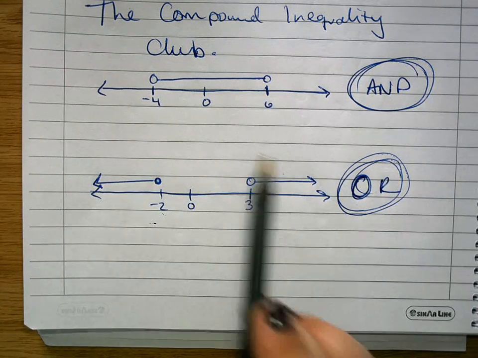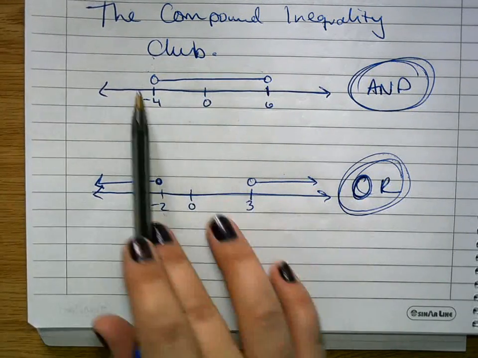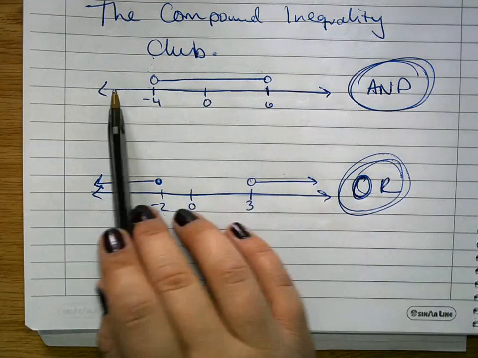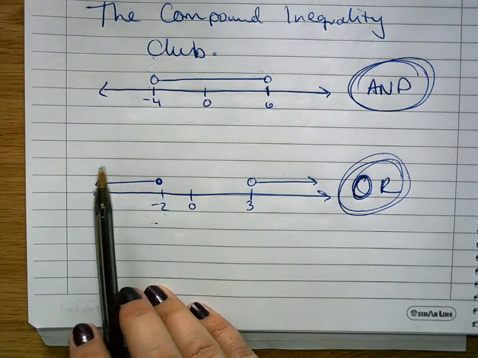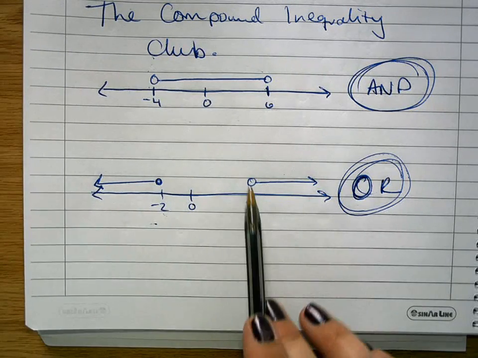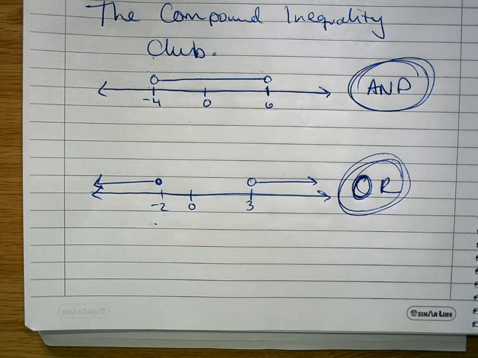So if we think of this space as like a club, okay? This is our club. We have a door here, we have a door here, and only certain numbers can get in. Here, our door is kind of on 2 different parts. So we want to think of some possible numbers that could get into each one of these clubs. So let's call this the and club, let's call it the or club.